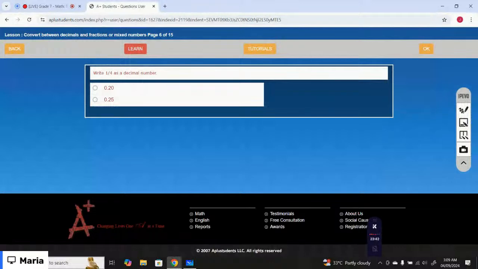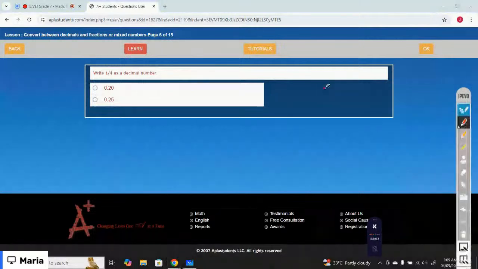Write 1 by 4 as a decimal number. So you have to write it as a decimal number, right? 1 over 4. Make this equal to 100, right?